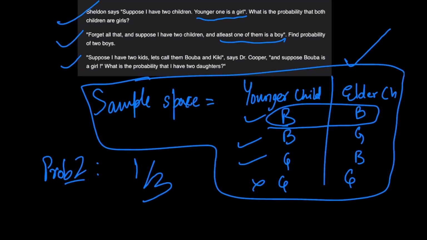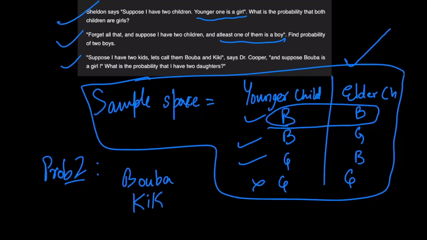So coming to problem number 3 now, in my opinion, it is quite ambiguous. So I'm just going to explain how the author of this problem on Brainstellar perceived this problem, and what I believe is the way he was thinking about it. So basically, we've been given two kids and we've been given names for each of them, Boba and Kiki.